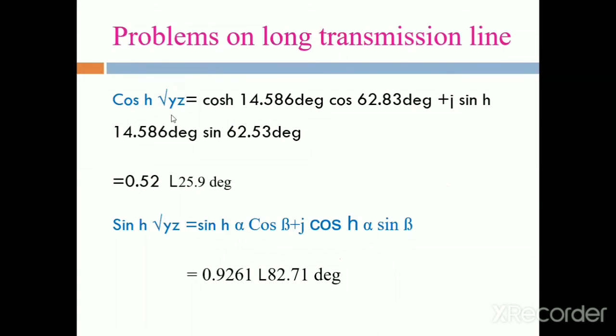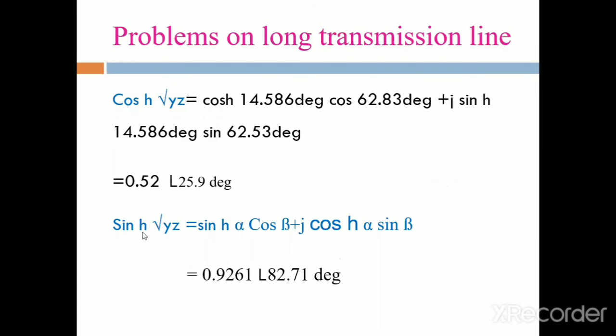Cosh of alpha plus j beta is cosh a cos b plus j sinh a sin b, where a means alpha and b means beta. Beta value is 62.83 degrees. After that, that value is 0.52 at an angle of 25.9 degrees.